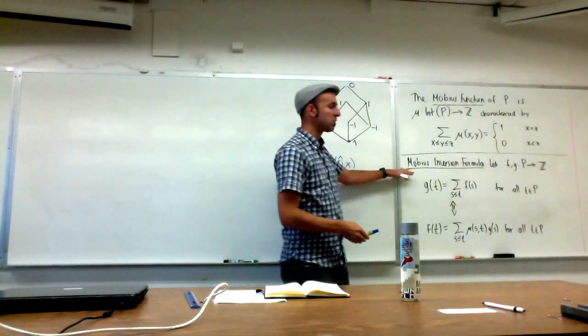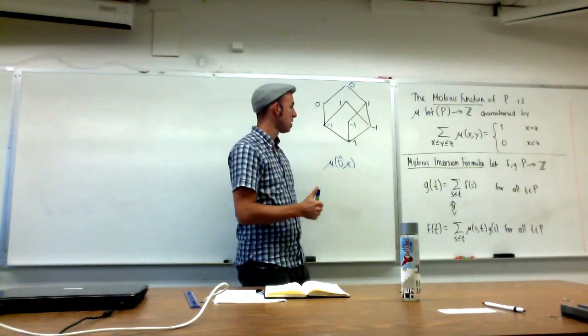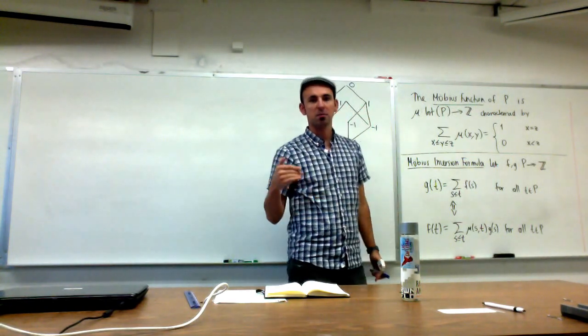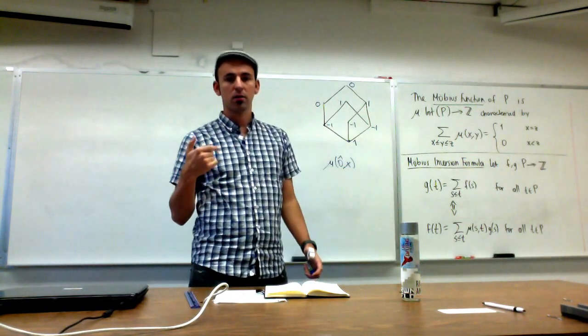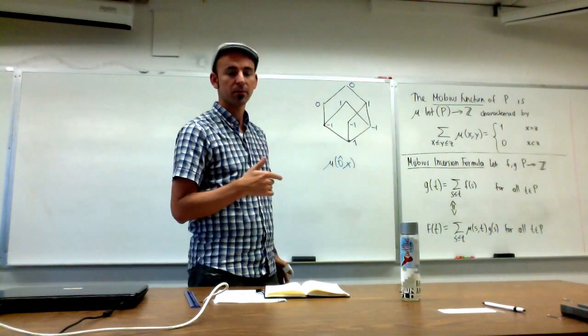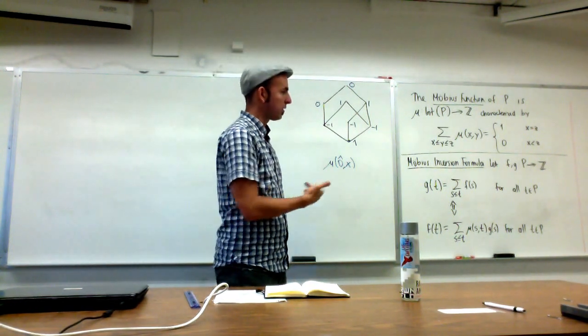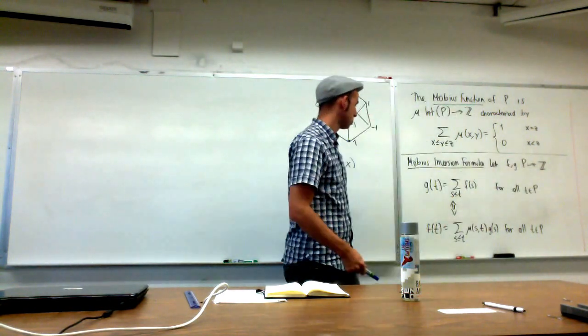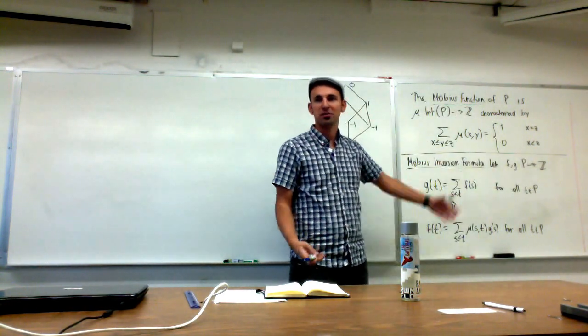And then we wrote down the Moebius inversion formula. The Moebius inversion formula is about functions that map the poset to the integers. Okay? Or it doesn't even have to be the integers. The poset to any, I guess, any abelian group where you can add things. Okay?